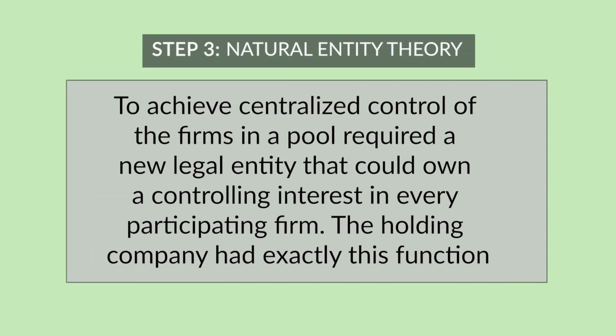To achieve centralized control of the firms in a pool, another new legal entity was required that could own a controlling interest in every participating firm. This was basically the function of the holding company. So in the 1890s, holding companies slowly began to replace the legal entity called trusts.